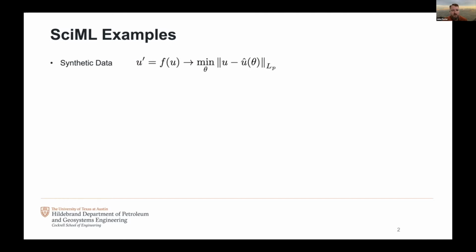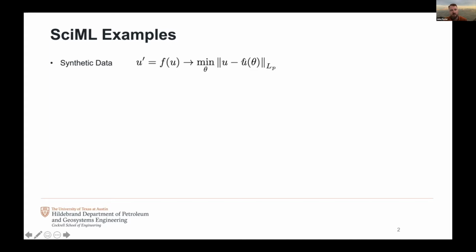A few concrete mathematical examples. The first one is something we've done for quite a long time in engineering, and that is to use the solution of ODEs and PDEs to generate synthetic data. Even in some of the talks this morning, we're doing this very thing, right? You're using a reservoir simulator to generate synthetic data, and then using that as data to build surrogate models or estimators.